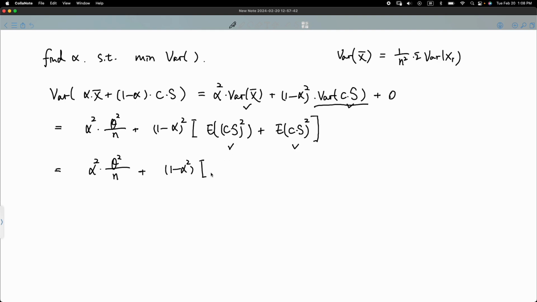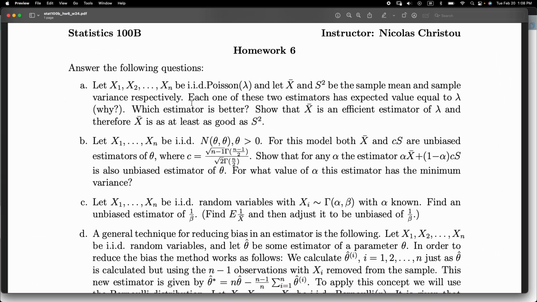Okay, then there are a few ways you can address this, but maybe here you can bring the square to both c and s. So you have a c square and then s square, and you can consider the c as a constant here.